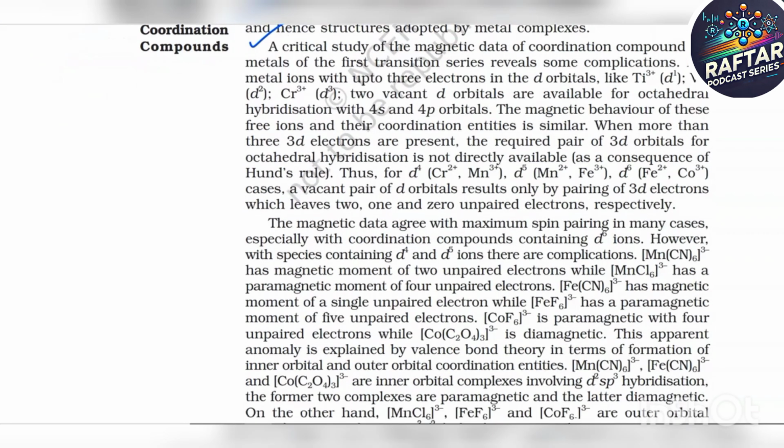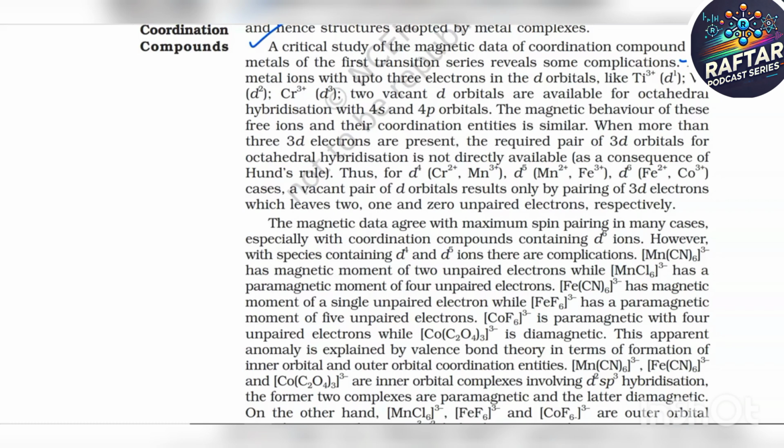For metal ions with up to 3 electrons in the d orbitals, like Ti3+ d1, V3+ d2, Cr3+ d3, the 2 vacant d orbitals are available for octahedral hybridization with 4s and 4p orbitals. The magnetic behavior of these free ions and their coordination entities is similar. When more than 3 d electrons are present, the required pair of 3d orbitals for octahedral hybridization is not directly available as a consequence of Hund's rule.